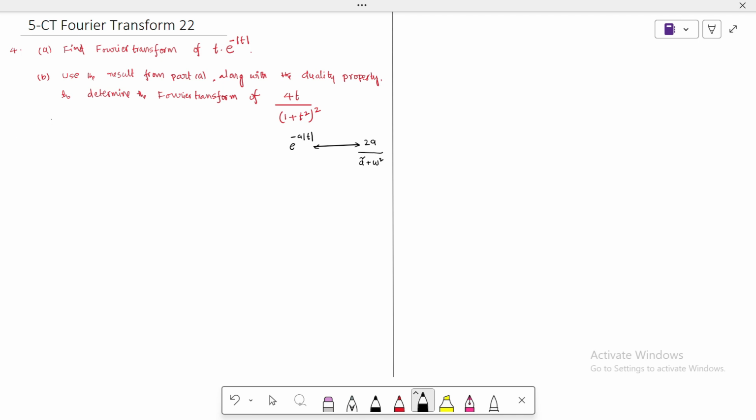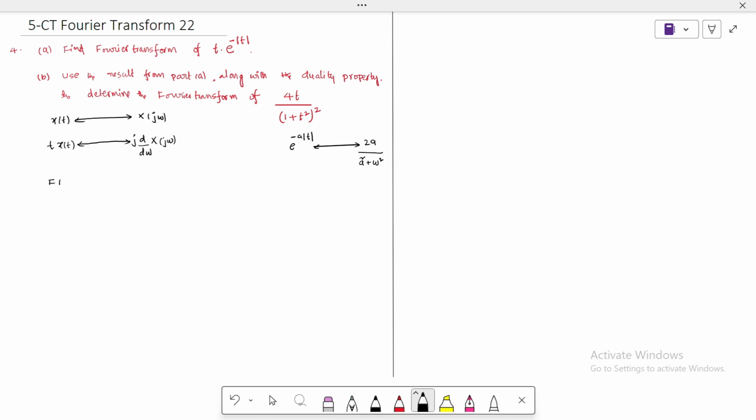Here I'm writing, for example, this x of t, its Fourier transform equal to x of j omega. Then d by d omega x of j omega multiplied by j is equal to t into x of t. So this is the case. Now for this function x of t, t is multiplied.